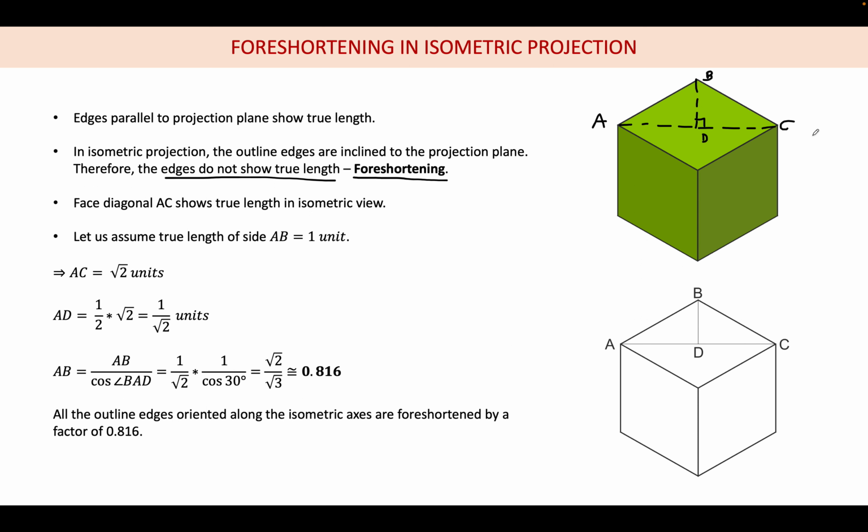If you connect this point to this point, this edge will be parallel to the screen. However, these outline edges will not be parallel. Only AC will be parallel. Therefore, AC will show the true length.